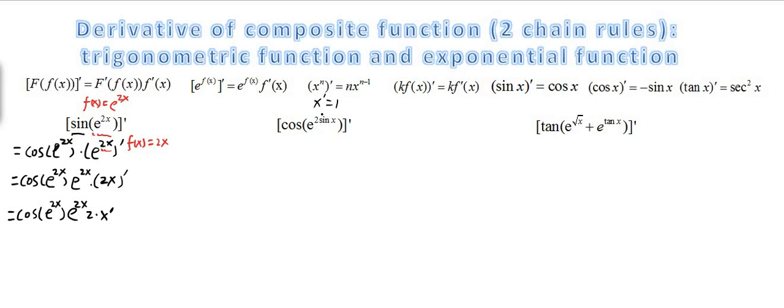Okay, and x prime equals 1, or the derivative of x equals 1. So this guy will be 1, which means 2 times 1 equals 2. And we can simplify it. That will be 2 cosine of e to the power 2x times e to the power 2x. That's it.